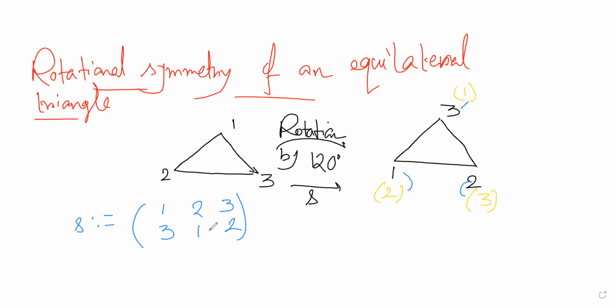Writing it again, 1 goes to 3, 3 goes to 2, and 2 goes to 1, right? We denote this rotation in shorthand as (1 3 2).